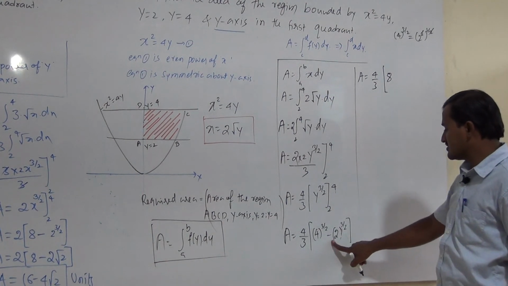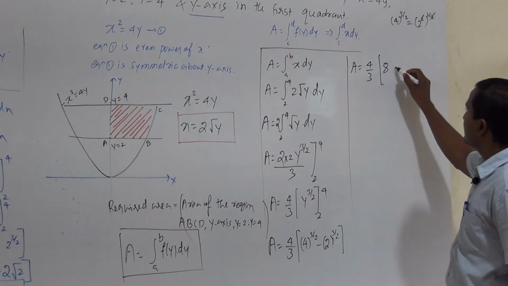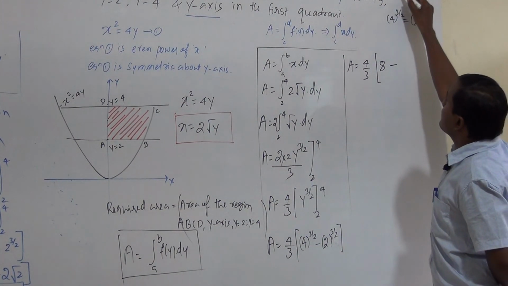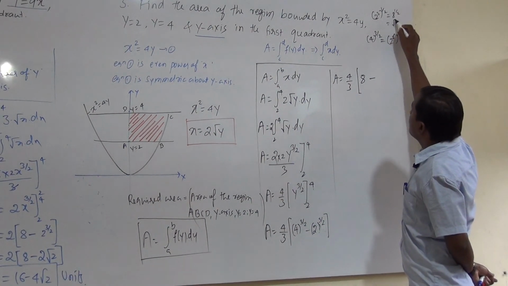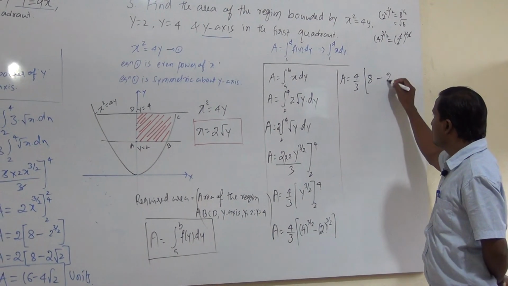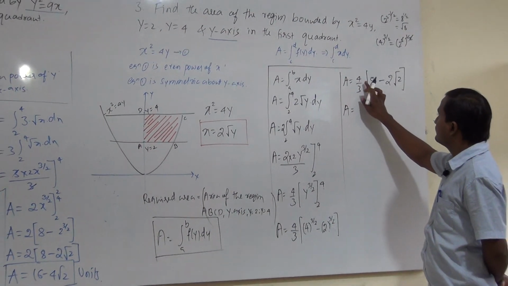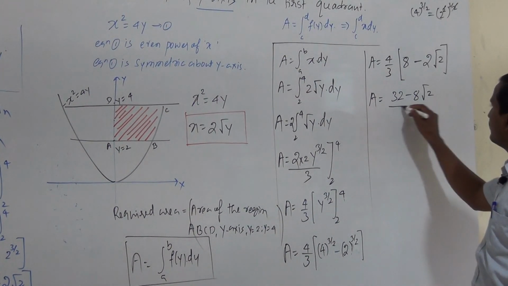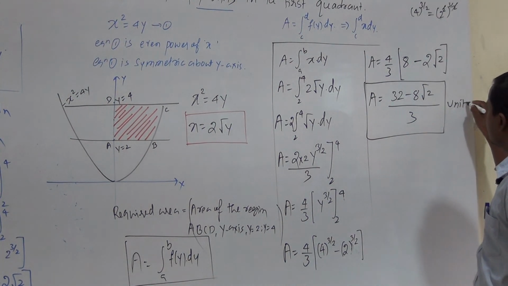Next, minus 2 to the power 3 by 2. 2 to the power 3 by 2 means 2 cube to the power 1 by 2, that is 8 to the power 1 by 2. 8 to the power 1 by 2 means root 8, and root 8 is 2 root 2. Therefore 2 root 2, right? Now multiply this. So 4 into 8 means 32, minus 8 root 2, divided by 3. So this is the required area, right?